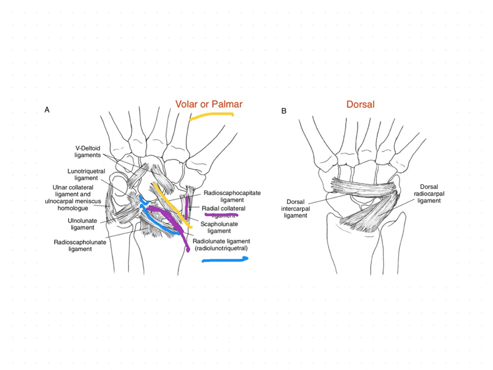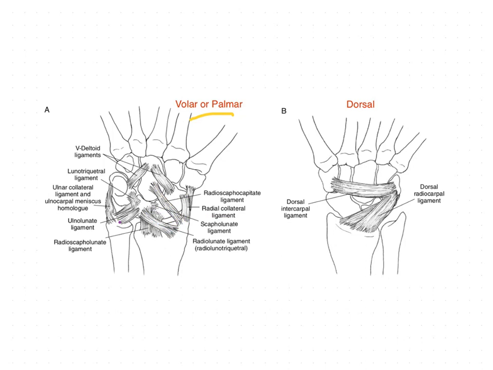Now coming to the ulnocarpal ligament complex, which includes the triangular fibrocartilage complex we have studied earlier, which includes the articular disc as well as the meniscus homologue, and also the ulnolunate ligament.